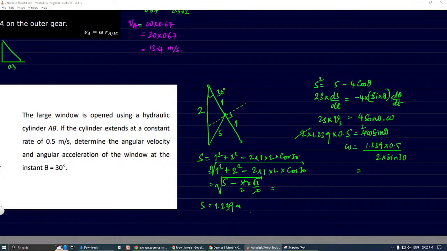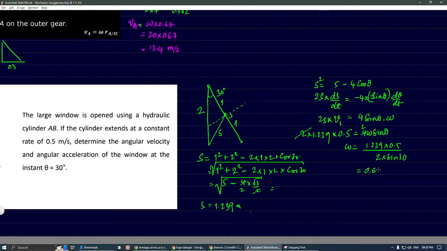Got it? 0.619, yes. Radians per second. This is the angular velocity.